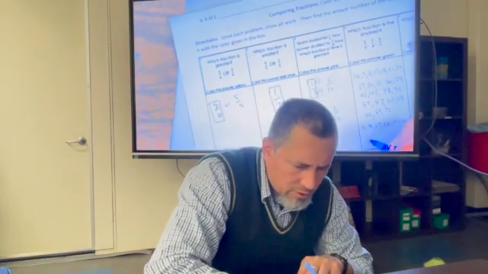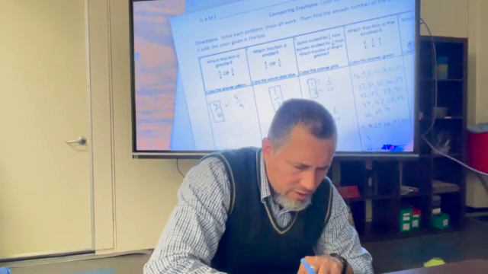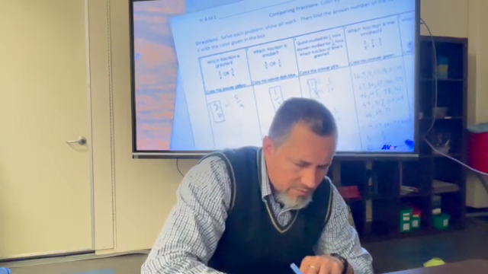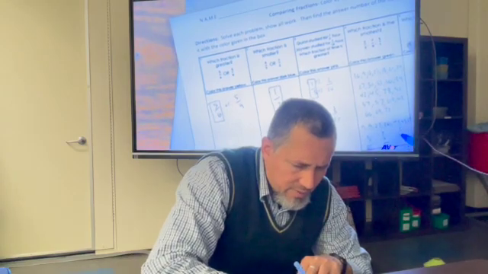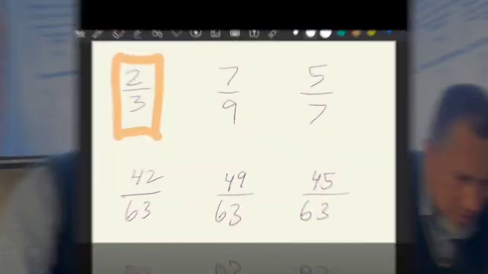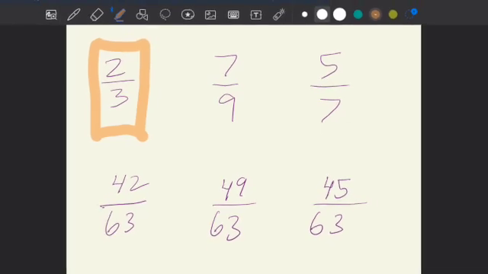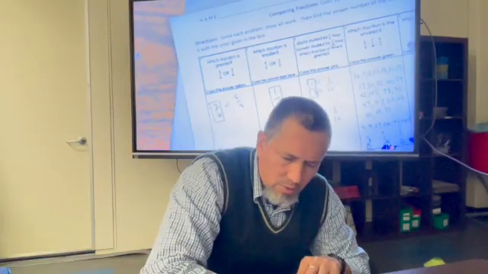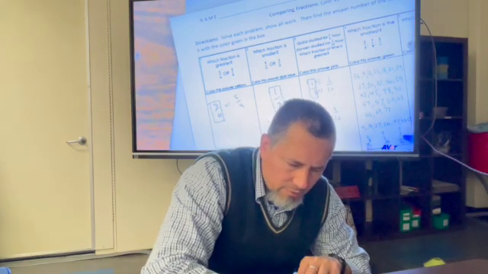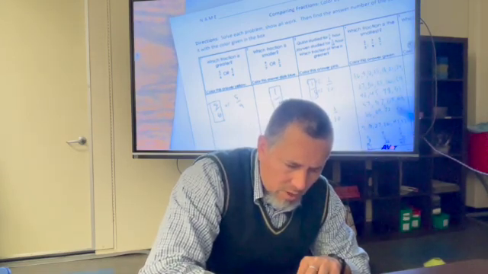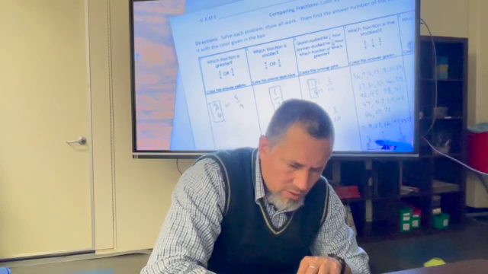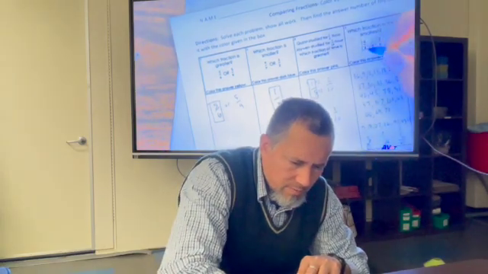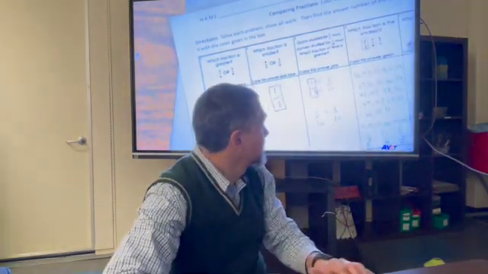So 2/3 is how many 63rds? 7/9 is how many 63rds? And 5/7 is how many 63rds? Let's see. Seven goes into 63 nine times, 9 times 5 is 45. So the smallest fraction here is this one, 2/3. Okay.